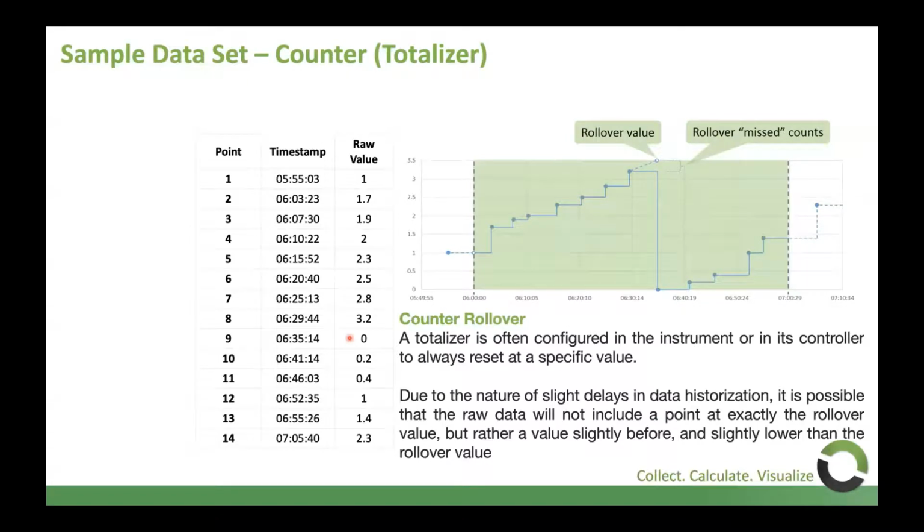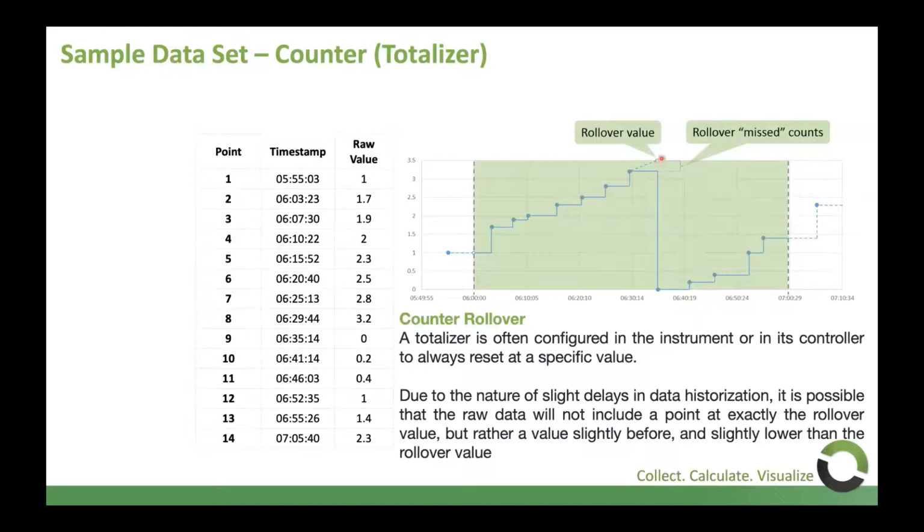Potentially the rollover value might not have been historized at that particular point. So potentially we might not have a value inside of a historian at exactly that rollover condition. In this case, rollovers occur when the value is at 3.5, but the last value that I've got stored in my historian was 3.2. So we're actually missing those little points of values there.